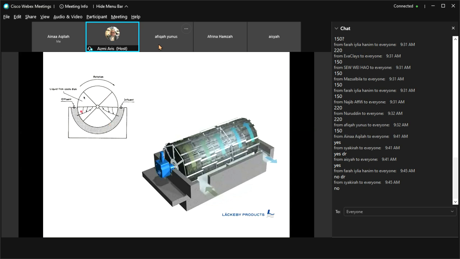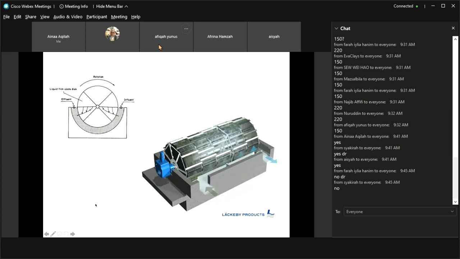After some time, similar to the trickling filter or biotower, the biofilm will get thicker and thicker, and eventually some of the microorganisms will die, and the biofilm will peel off from the disc and get into the bottom of the reactor, and it will go with the effluent. So this is how it rotates slowly.